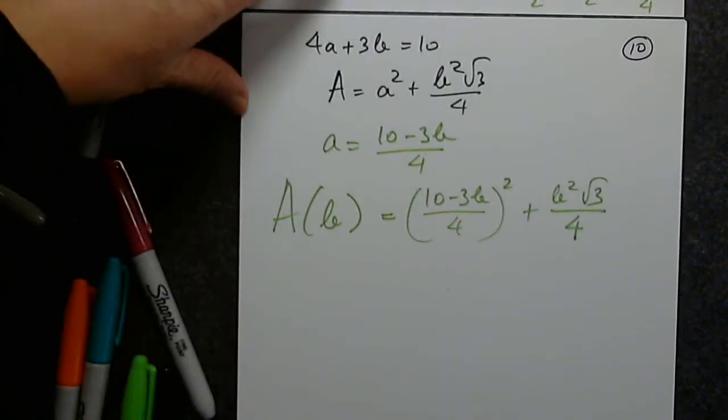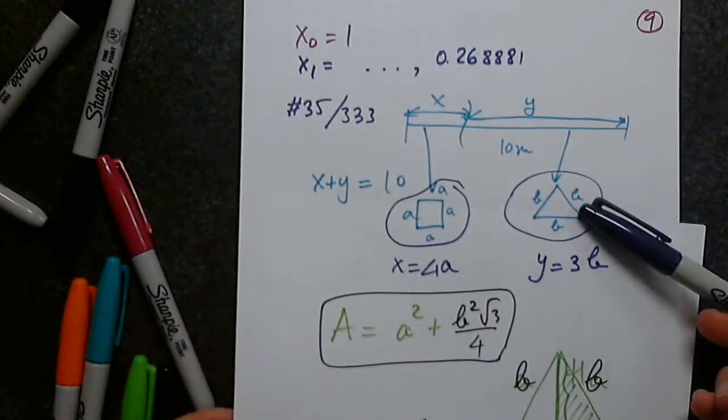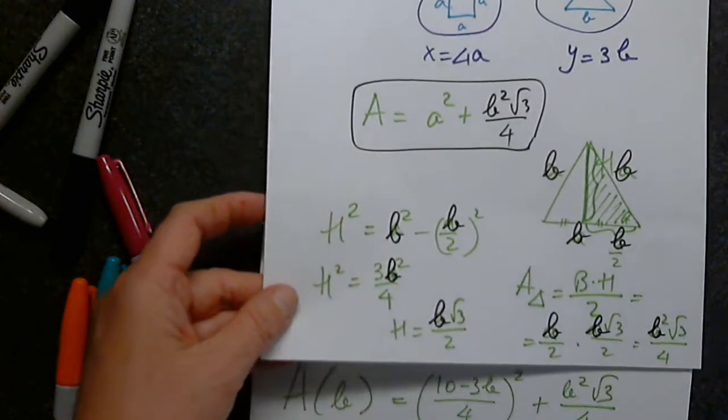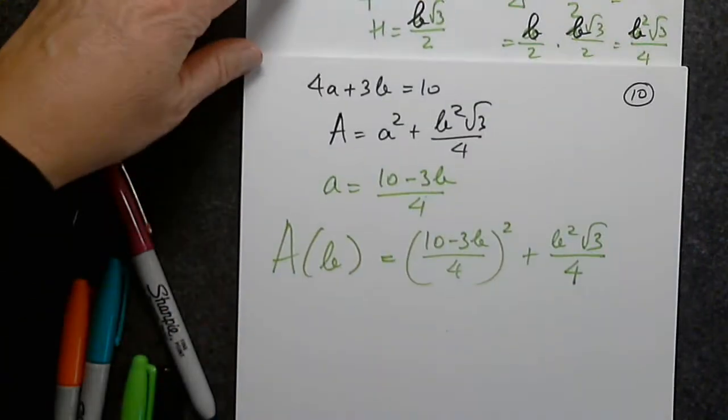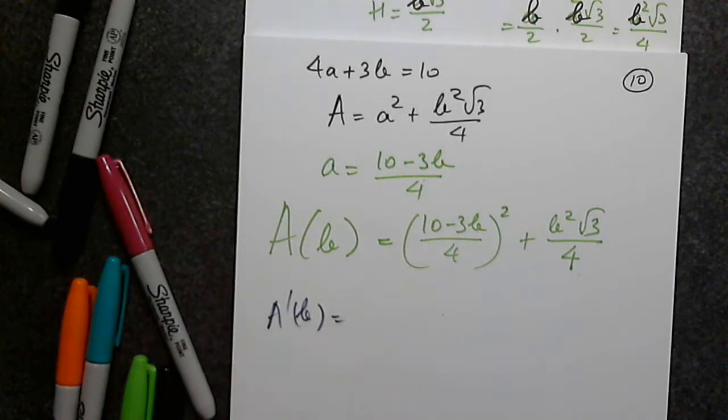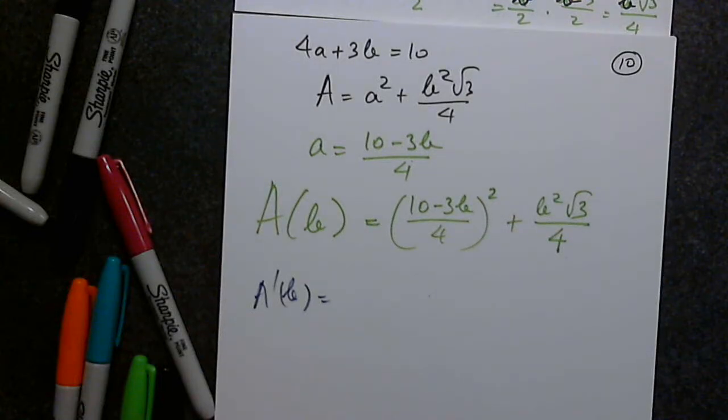So let's find A prime. Sorry about that. You understood what the problem was here, right? I was supposed to use notation B, not A. A was here, so that's why I had to go back and replace it. My apologies. Okay, so then A prime. Careful how we differentiate this.